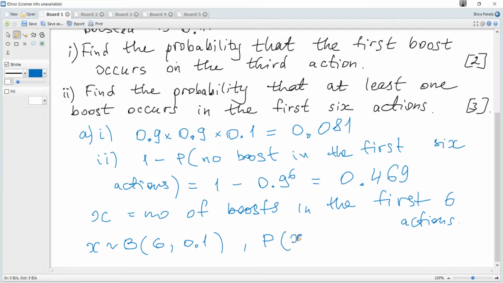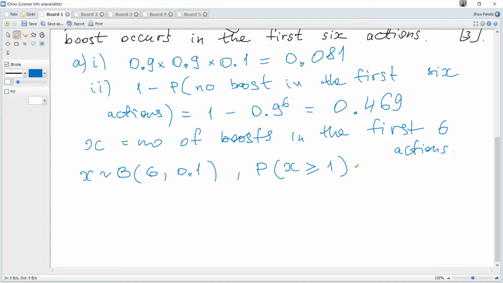So you need the probability that x is greater than or equal to 1. It can be calculated directly, or as 1 minus the probability that x is less than or equal to 0. You may use binomial CDF with 0, or since there is only one event, it's just 1 minus the probability that x is 0, and that's binomial PDF for x is 0 with the given parameters.